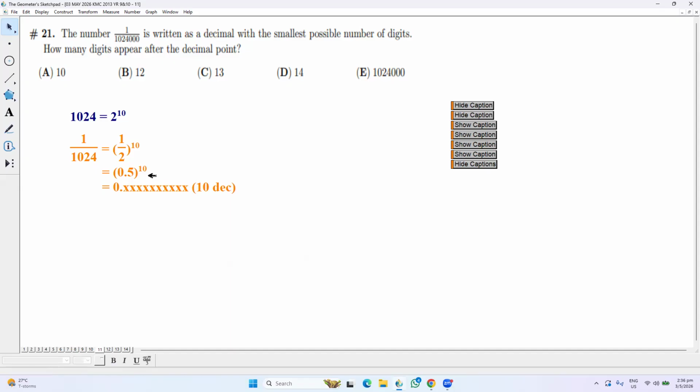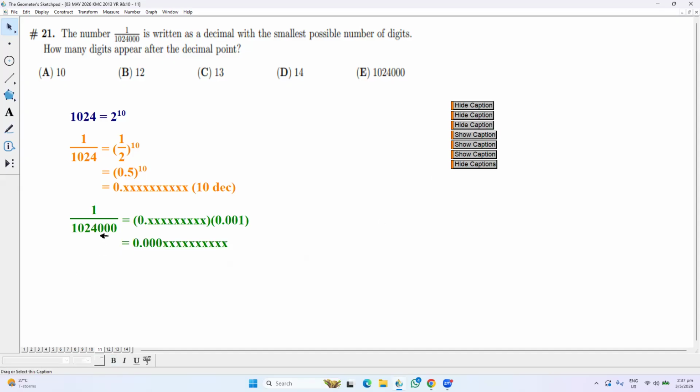So 0.5 multiplied 10 times becomes 10 decimal places. If 2 times, 0.25, 2 decimals. 3 times, 0.125, 3 decimals. So 10 times gives 10 decimals.